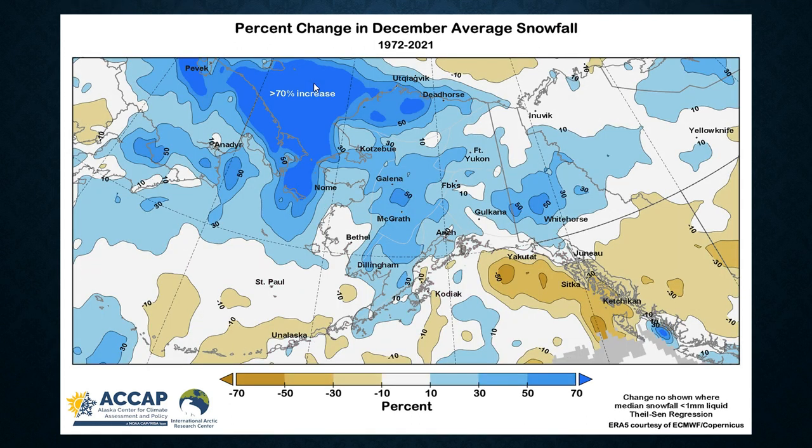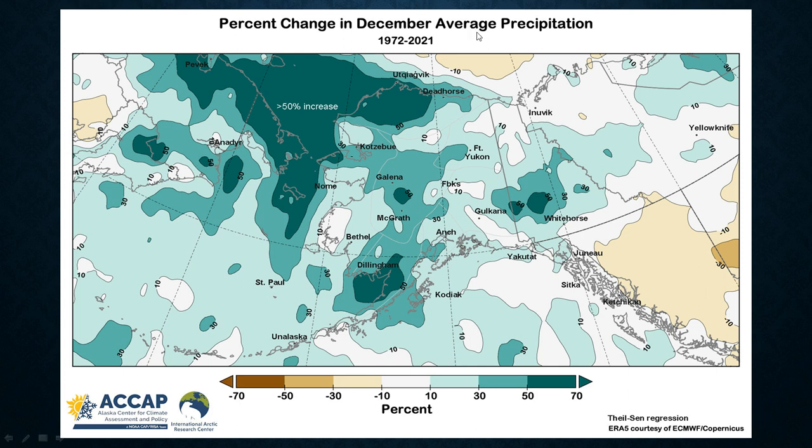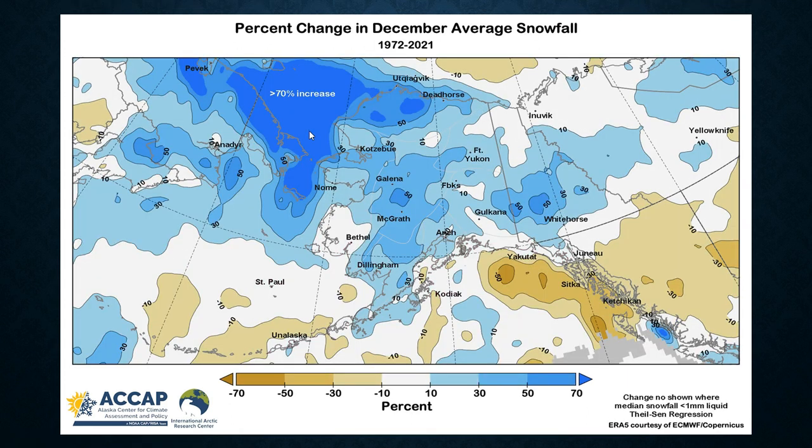Percent change, okay? So this is just percent change in the average precipitation. Now we want to look at the percent change in snow. Greater than 70% increase for the same regions. So where we see the tan color, we actually had a decrease in snow.